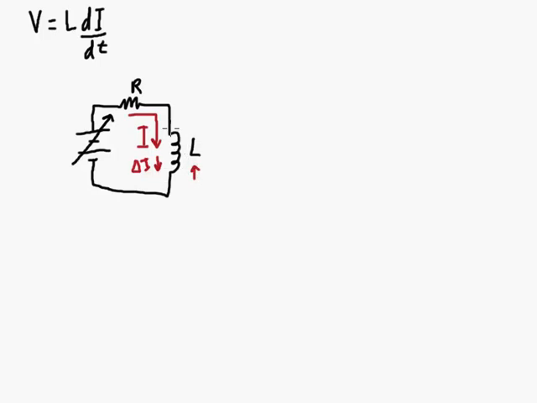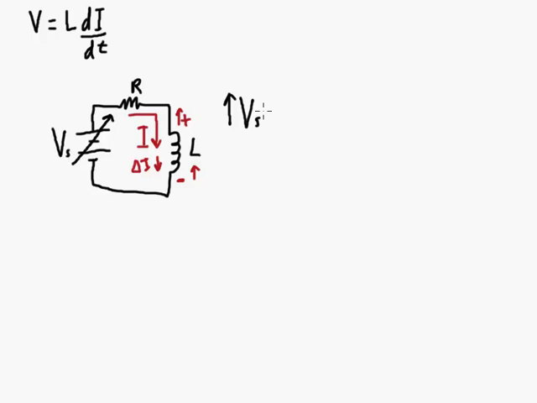If this is a source right here, in order for it to have current going in that direction, the voltage polarity must be like that, to create that opposing current.